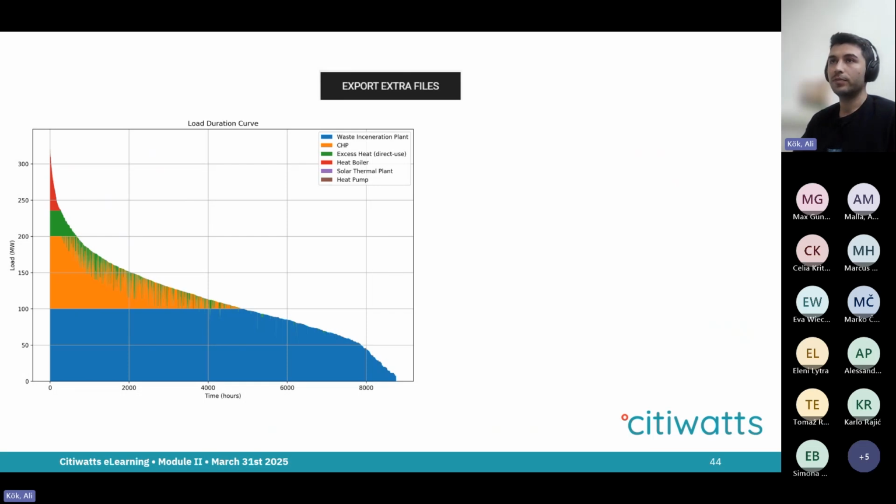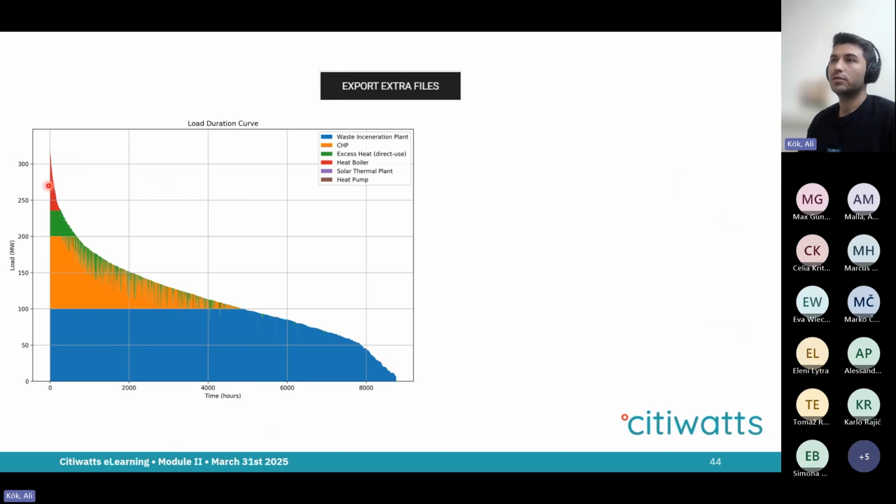So the first chart we give here is a load duration curve. Maybe I open the laser pointer. Here you can see, for instance, for this run, the base load is the waste incineration plant. For the medium load, the model decides to use the CHP, and then the excess heat direct use.